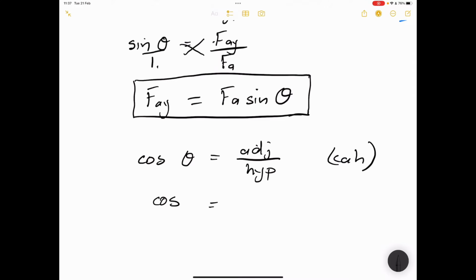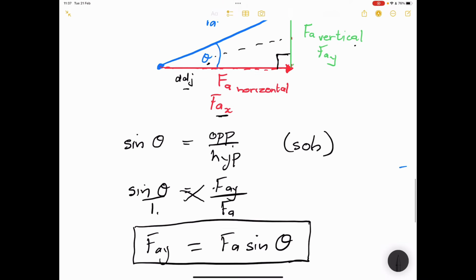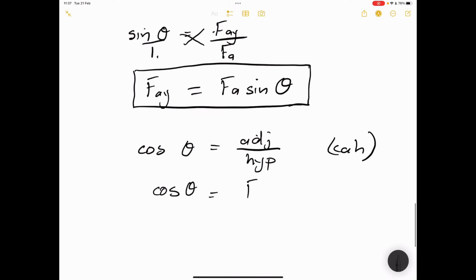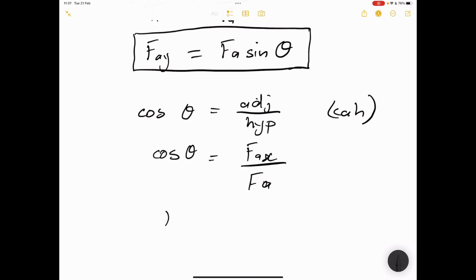So that's cos of theta. What is our adjacent side? That's going to be FAX, the horizontal component, divided by FA. If I cross multiply again, FAX times 1 is FAX, and that's going to be FA cos of angle theta.